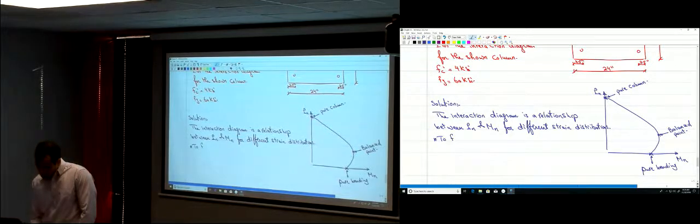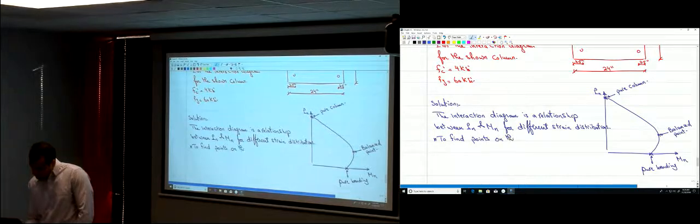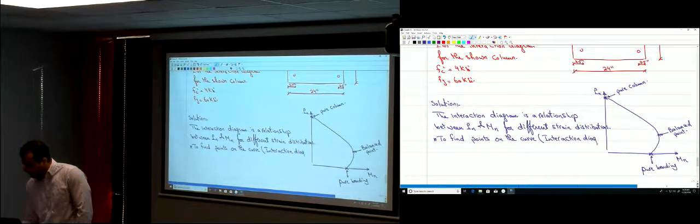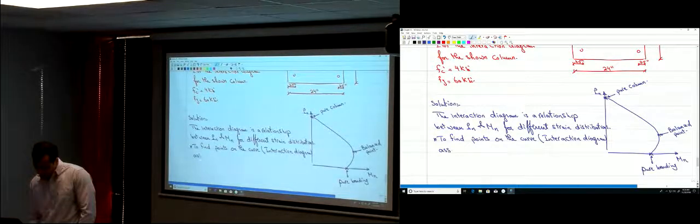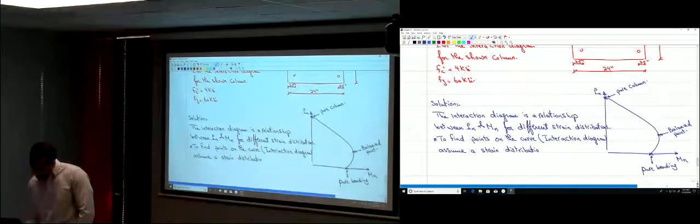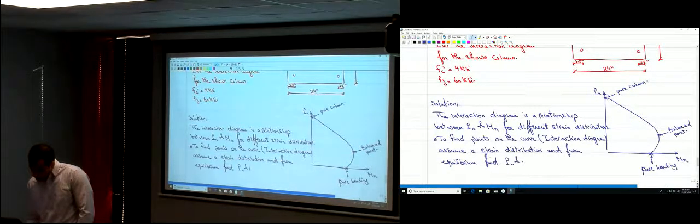To find points on the curve or on the interaction diagram, assume a strain distribution and from equilibrium find Pn and Mn that gives that strain distribution.